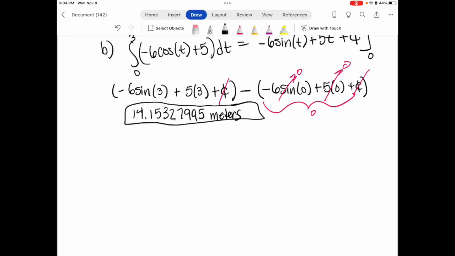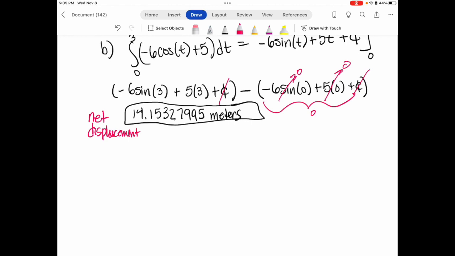So that would be a displacement of -2 because my final point where I rest is going to be -2, means in the negative direction from where I started. So this is the net displacement, where it includes the direction, okay? Now, in the next part, in part C, it's asking for the total.